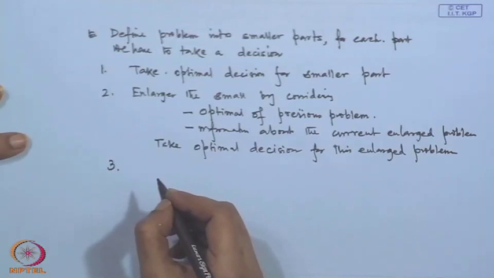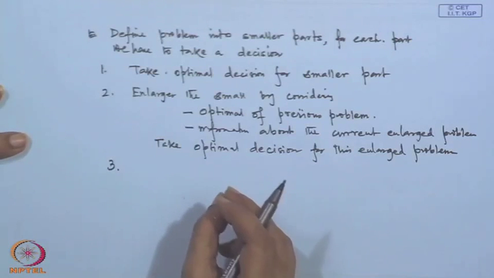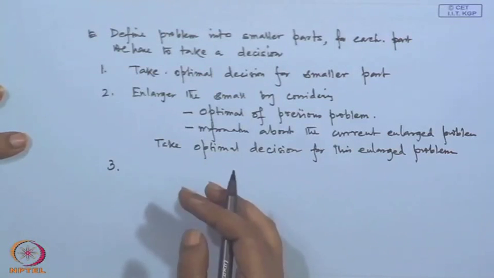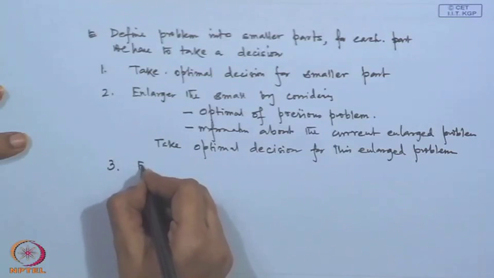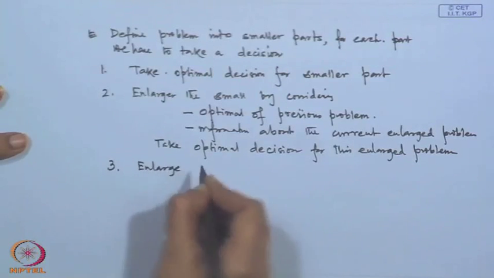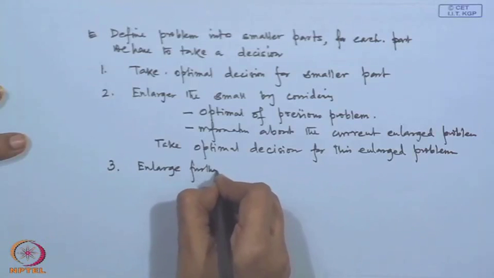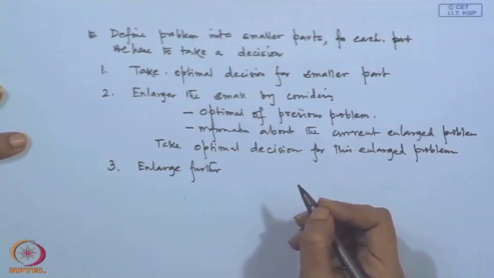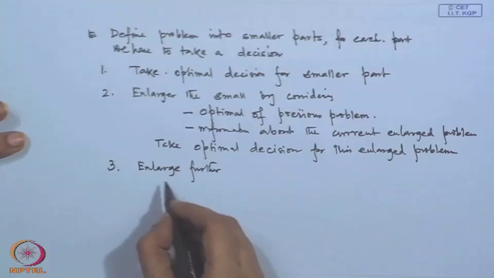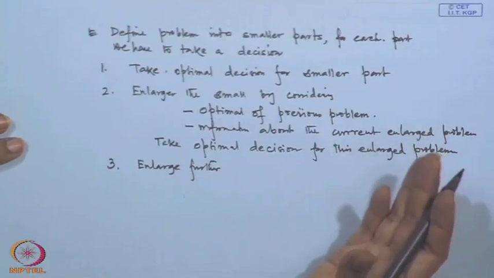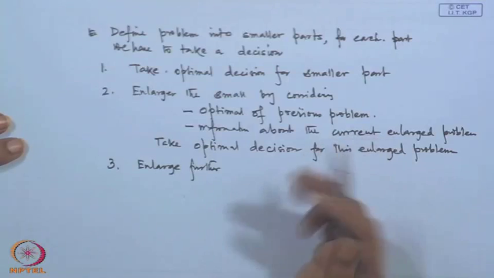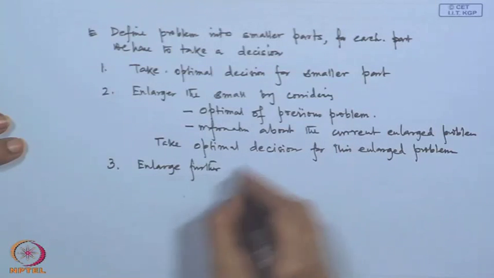Repeating the process means we start from a smaller part, enlarge it a little, and then enlarge it further. How the smaller problem is converted to a bigger problem, I will show you with an example next. That is the technique for solving with the dynamic programming methodology.